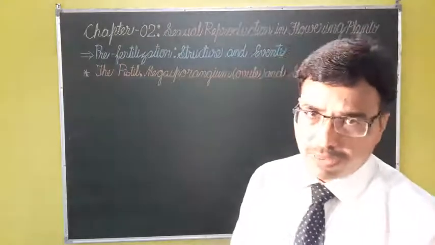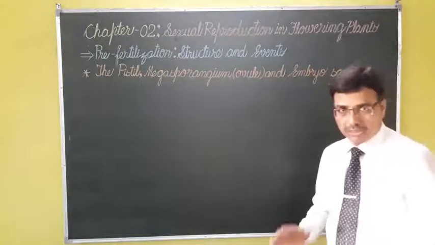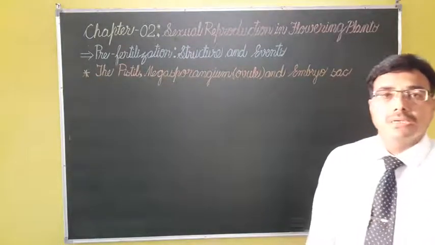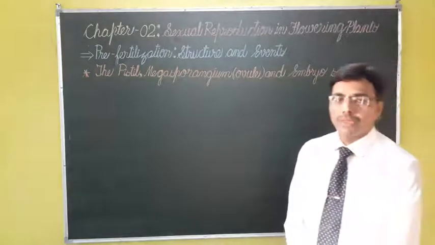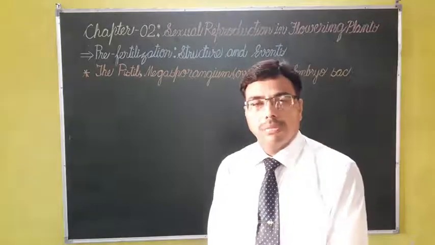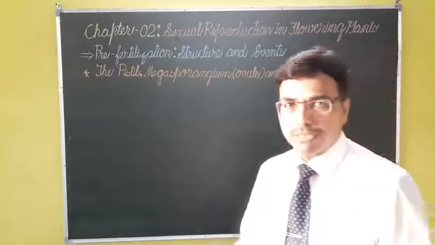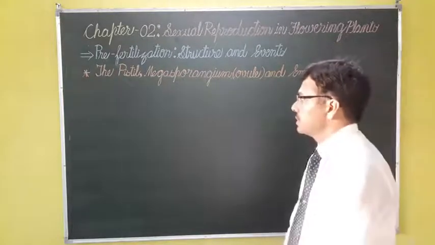Today again we will proceed with the same topic, but today's topic will be the structure of the female sex organ of a typical flower. Here we will discuss the structure and events of a female sex organ of a typical flower.